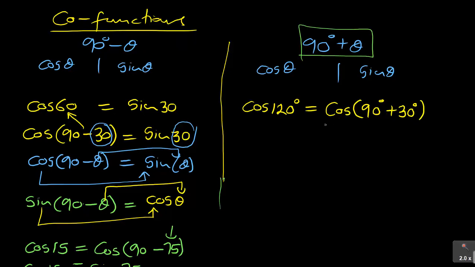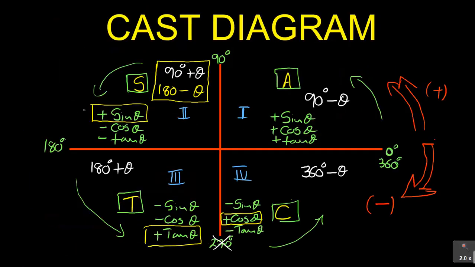You agree with me? But now, look at this one. If I say cos 120 degrees is equal to, the next question I must ask myself is, what is the sign of cos in this quadrant? Cos is negative in quadrant number 2. So you are going to use the sign of cos, because 120 says cos is negative.